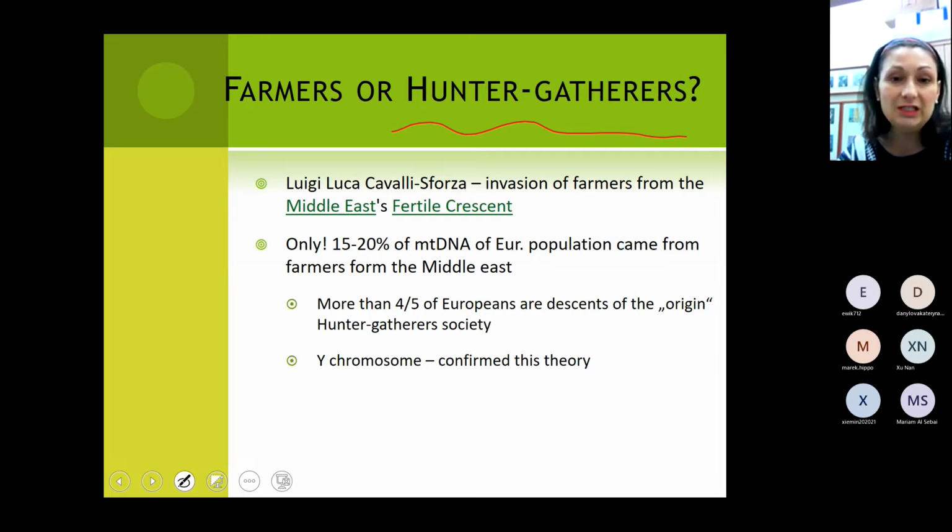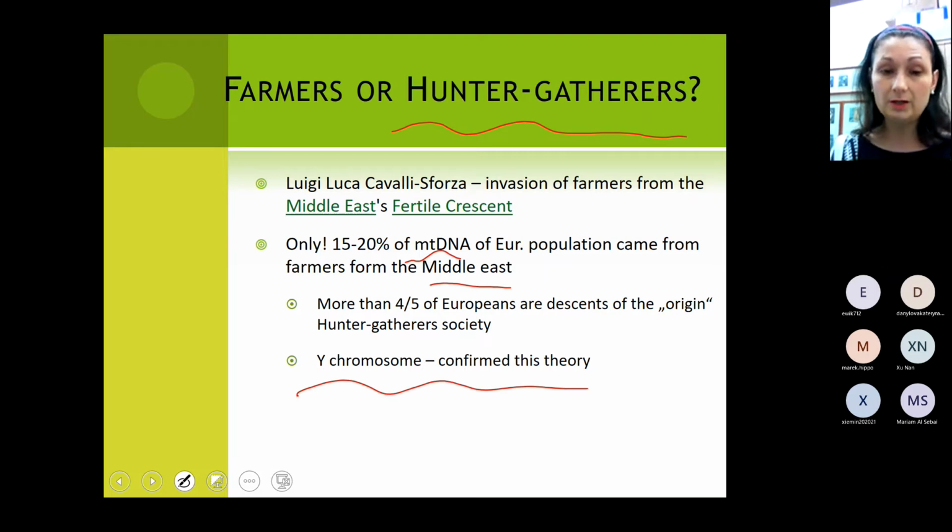Only 15 to 20% of mitochondrial DNA comes from the Middle East and probably got to Europe with agriculture. This theory is also confirmed by the analysis of the Y chromosome.